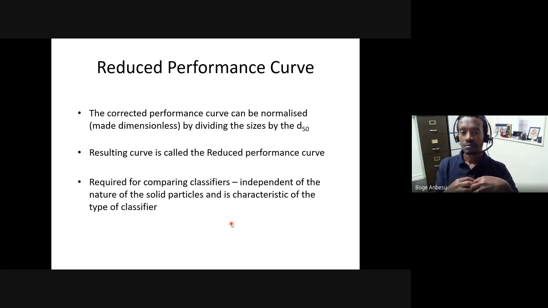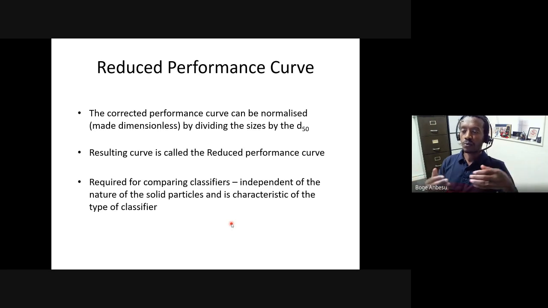But sometimes maybe you have 3, 4 cyclones, and maybe you run different operations for different particle sizes, or even different minerals or different ores for different cyclones. So maybe it's not really easy to compare one cyclone with one set of data with another cyclone with another set of data and another cyclone with maybe even another mineral sample. Okay.